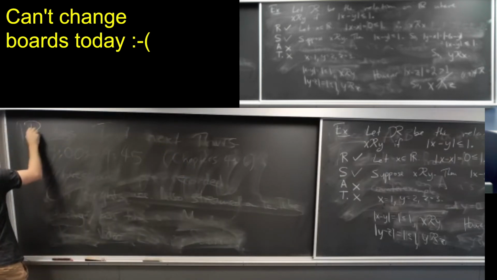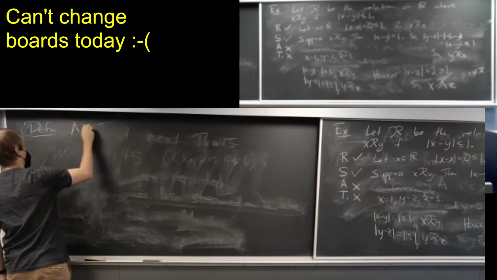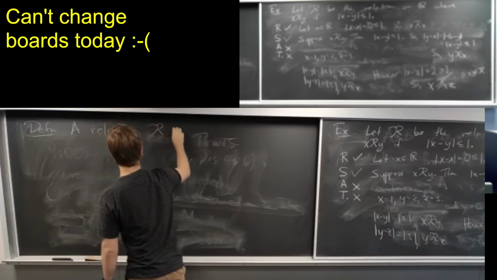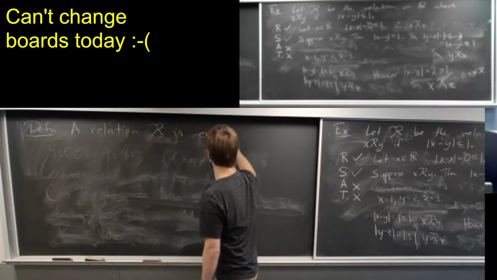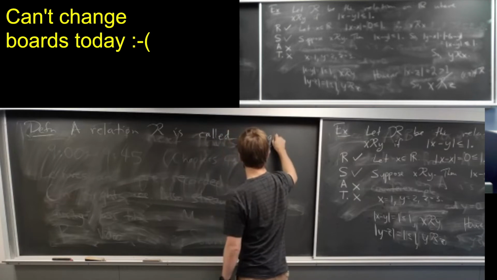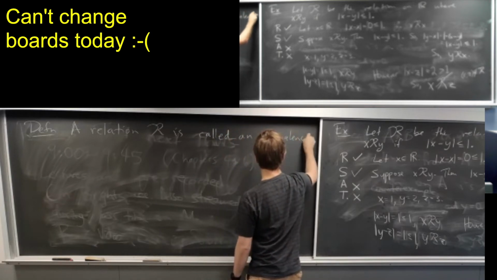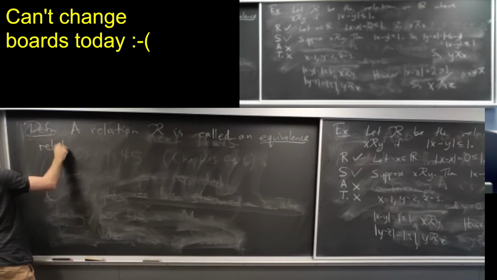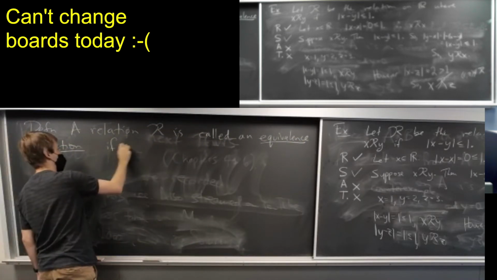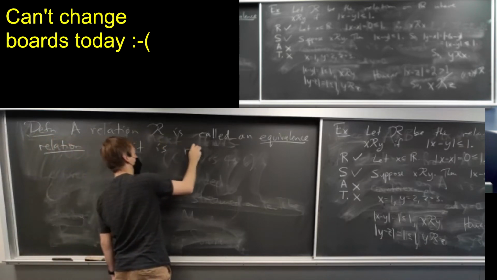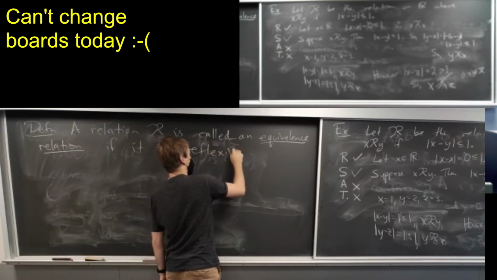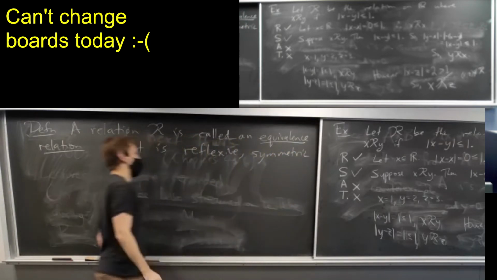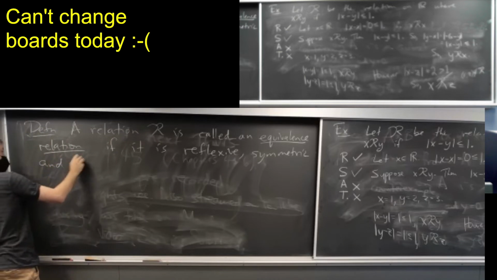A relation R is called an equivalence relation if it is reflexive, symmetric, and transitive.